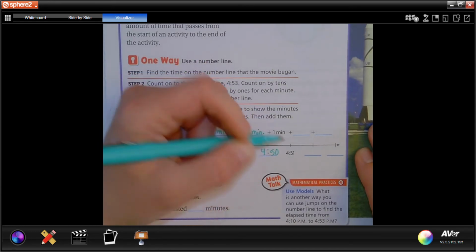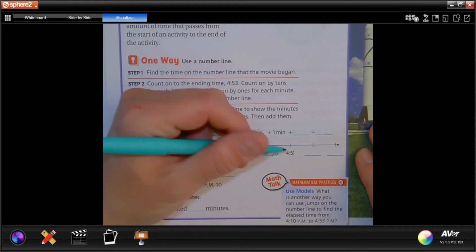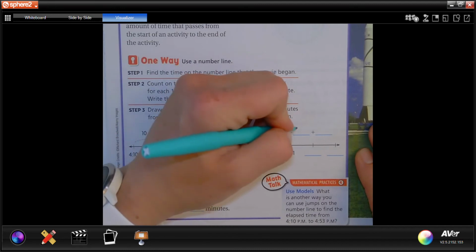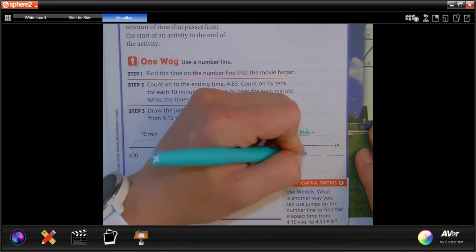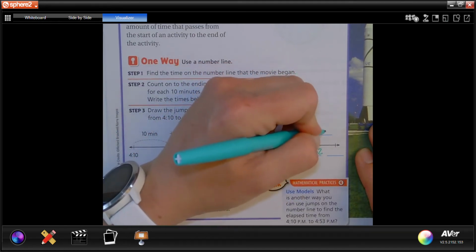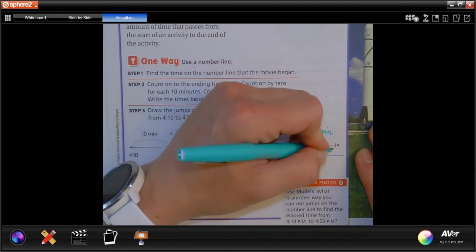We can't go 10 more because we'll go past 4:53, so now we'll do one minute increments. So 1 minute here is 4:51, 1 more minute is 4:52, 1 more minute is 4:53, and we got to our end time.